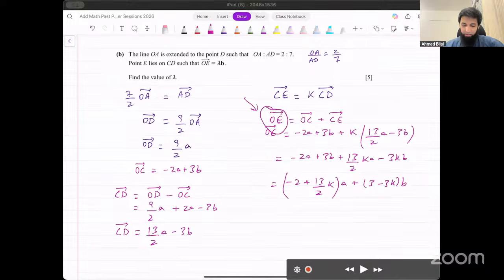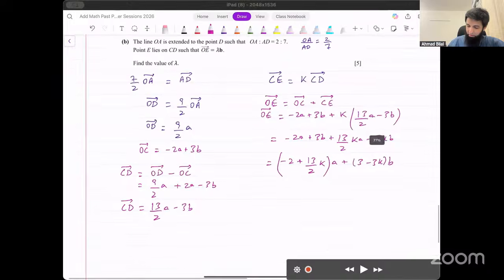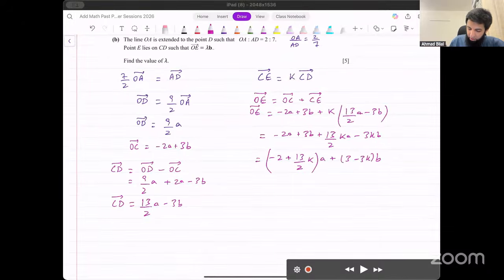I'm saying I'm finding the vector OE, right? I'm going from O to E. We can say OC plus CE. And then CE is the same thing as K times CD. That's what I'm inputting here. Okay, maybe I'll answer your question at the end. Let's complete this first. If it's still confusing, let me know.